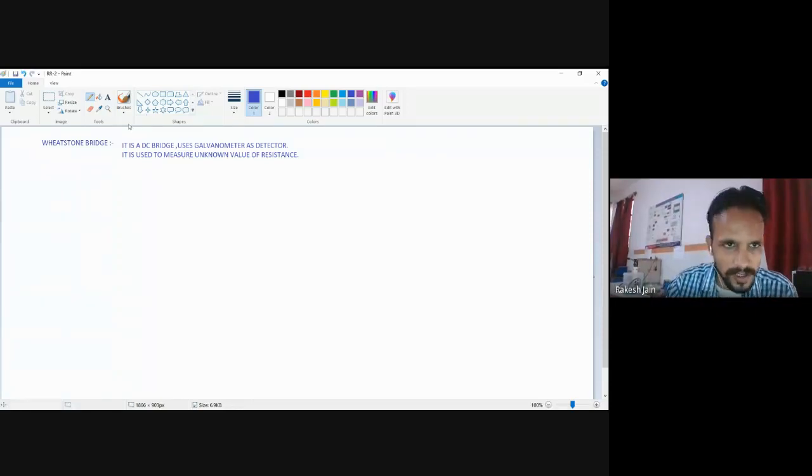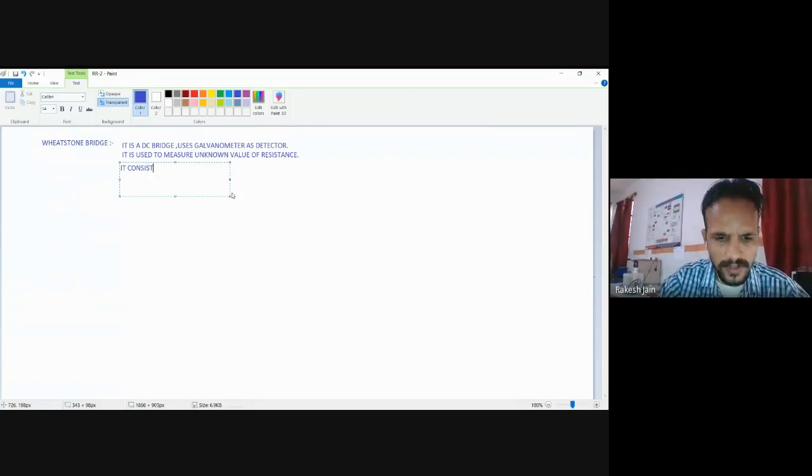Now see, it consists of four arms, in which three arms consist of known values of resistors, and the fourth arm consists of the unknown resistance whose value we want to find out from this bridge.